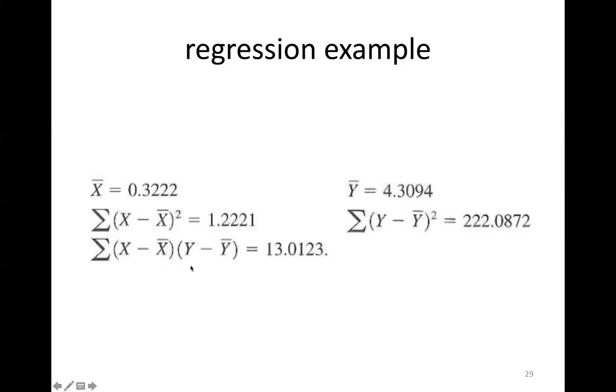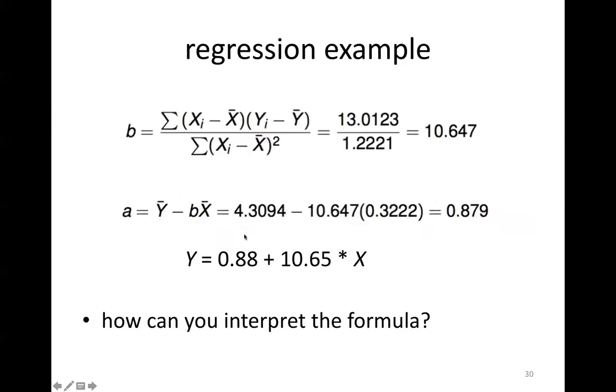The sum of products, right? X differences times y differences. Again, here x and y are vectors. X bar and y bar, the means of x and y, are single values. We subtract a single value from a vector, we again get a vector of differences, multiplied, then summed up.